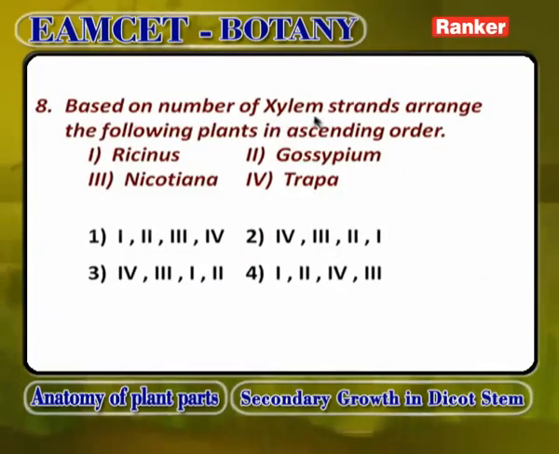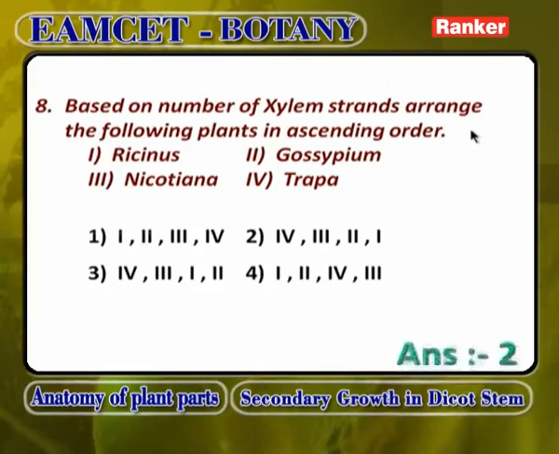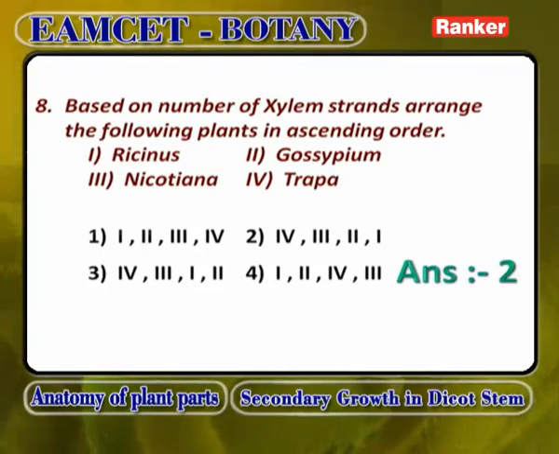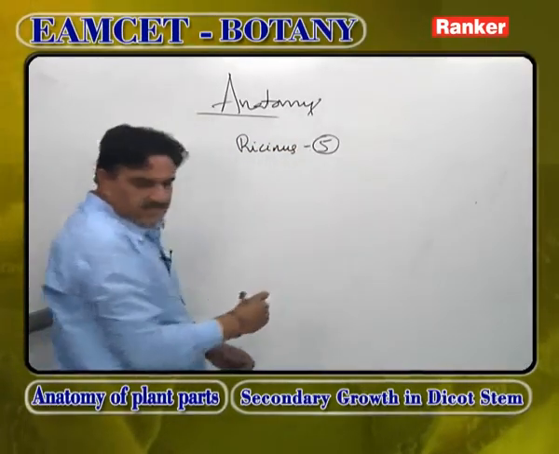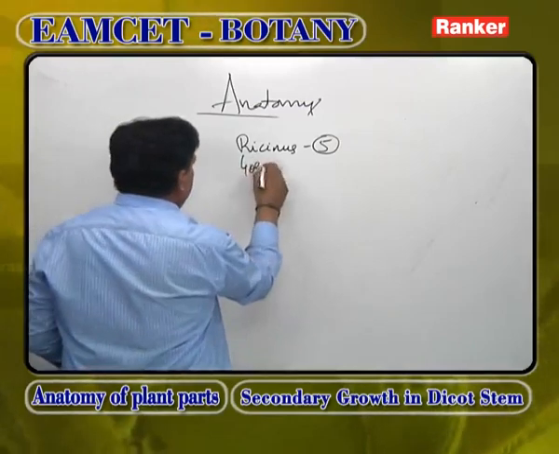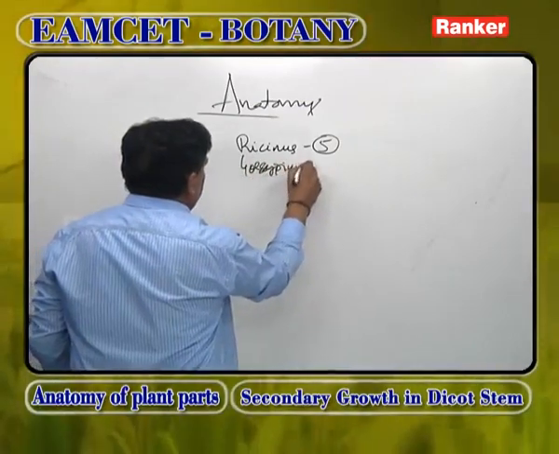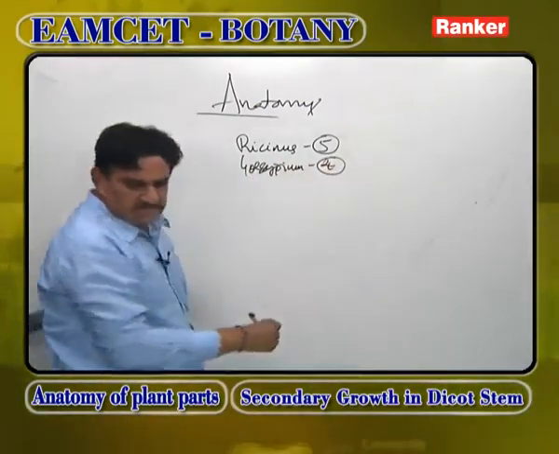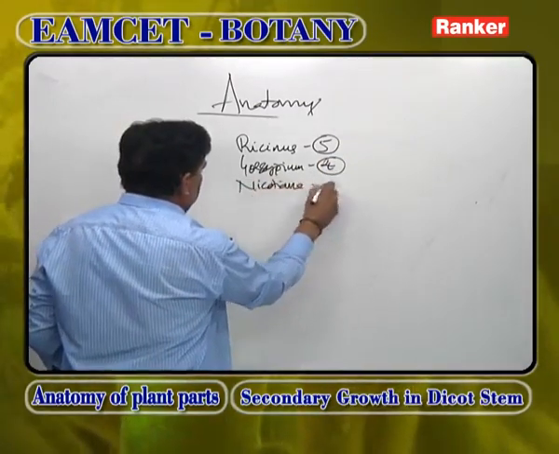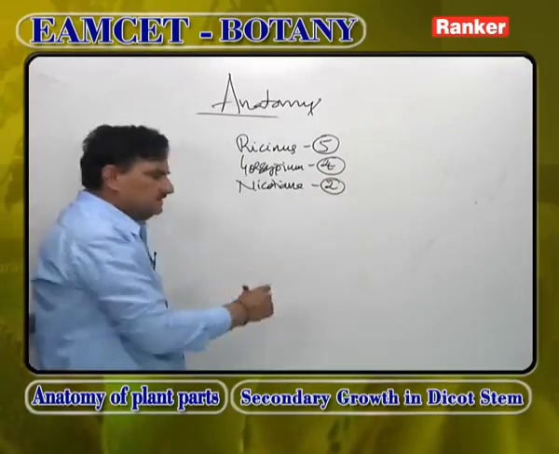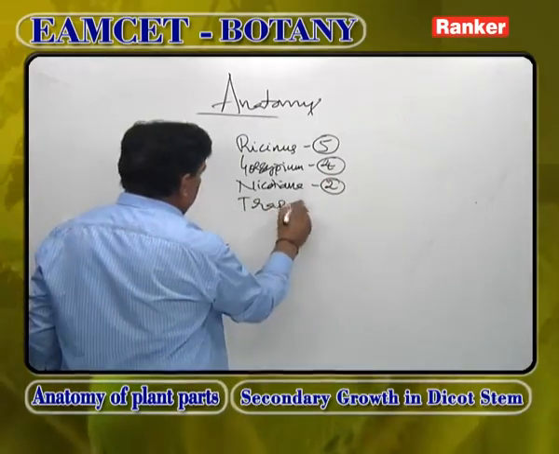Based on the number of xylem strands, arrange the following plants in ascending order. Ricinus has 5 strands, pentarch and exarch. Gossypium has 4 strands, Nicotiana has 2, and Trapa has 1.